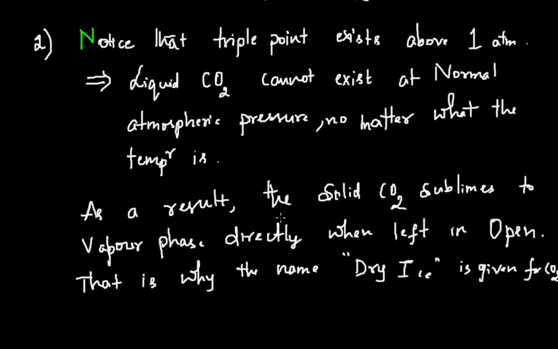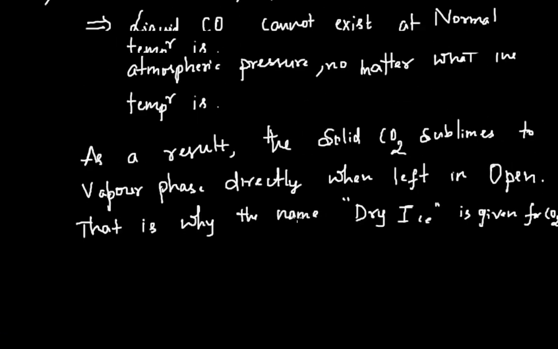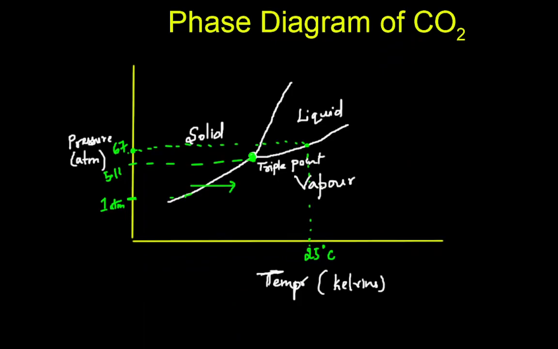So given this, let us also understand how carbon dioxide fire extinguishers work. What is there in them that it can extinguish a fire? Now you have already seen the phase diagram. So this is your phase diagram.